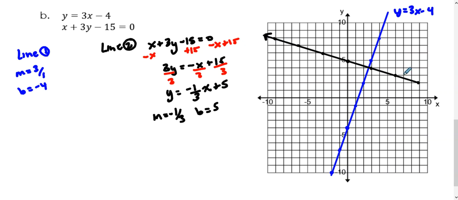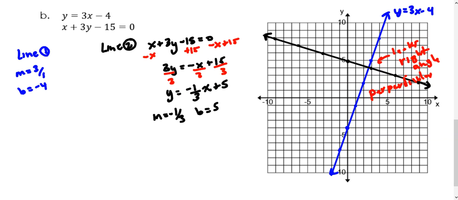Put little arrows on there. And you look at that, it looks like 90 degrees. It looks like we have a right angle. Okay. And I'm going to tell you it is.